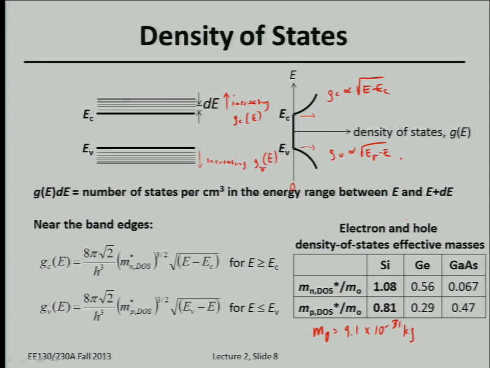For conduction, we'll find out next time, you take the sum of the inverses, and then you have to multiply by some correction factor, and then you take the inverse. So it's just the way that you take the average that's different. Okay, good question.